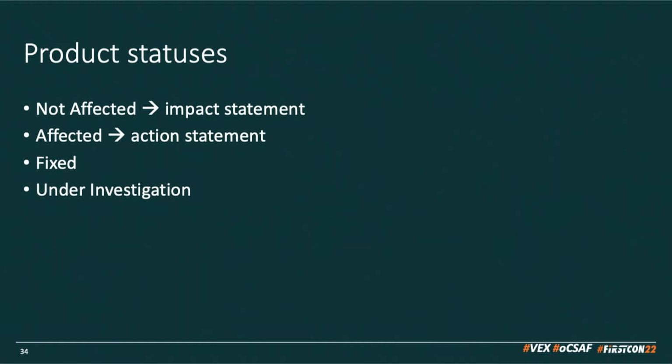That's the action statement. If it's fixed, you're good, nothing to do, so no further information required. And if it's under investigation, then we expect you to provide an update later on, when your investigation is finished, to say whether it's affected or not affected. But other than that, you don't need to have any more information in it.